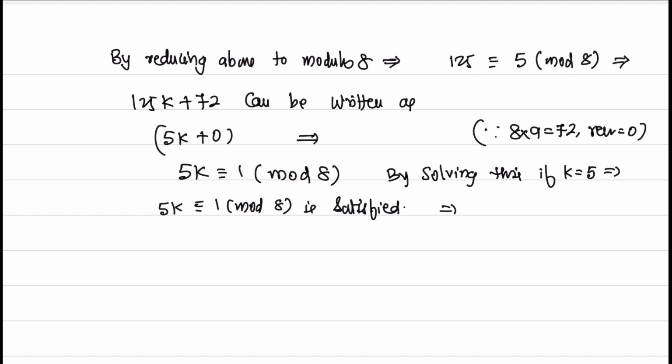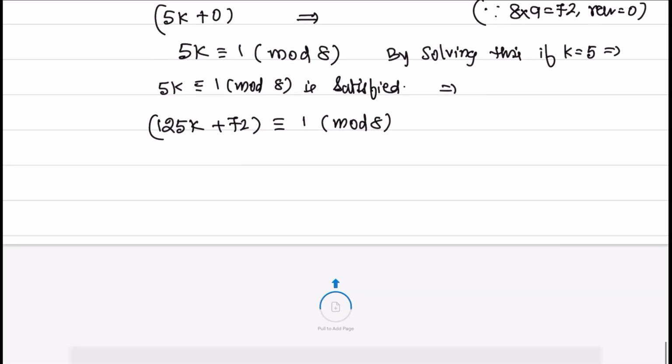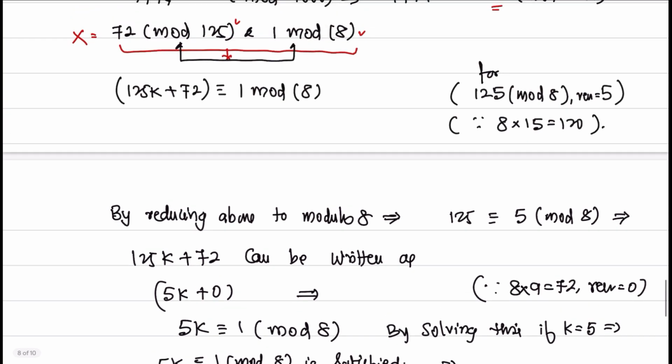Which implies 125k plus 72 is equivalent to 1 mod 8. What we have to find out? 125k plus 72 is equivalent to 1 mod 8.